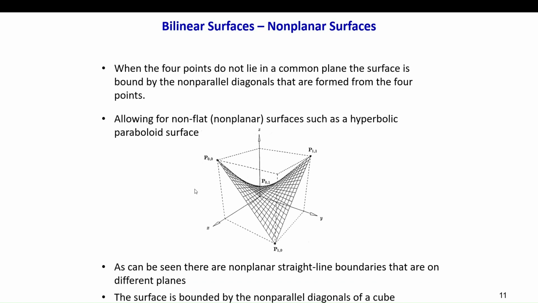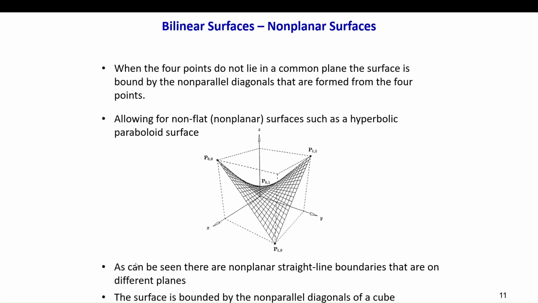Also, there are non-planar surfaces. This is when the 4 points do not lie in a common plane. The surface is bounded by non-parallel diagonals that are formed from the 4 points, allowing for non-flat, non-planar surfaces such as a hyperbolic paraboloid surface, as shown below.